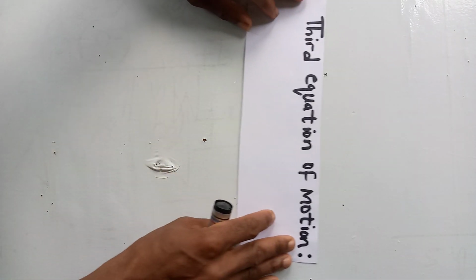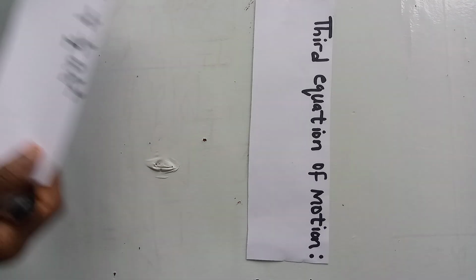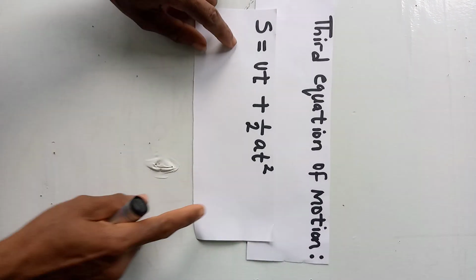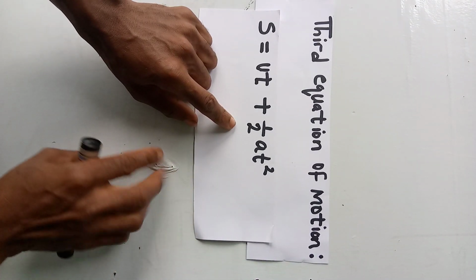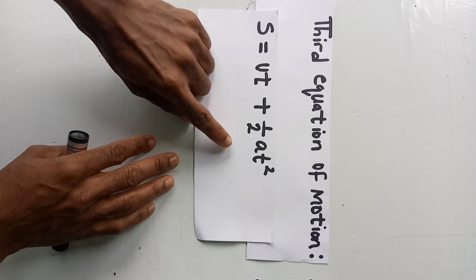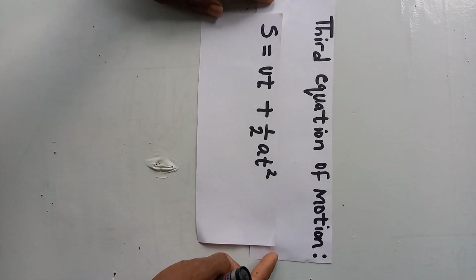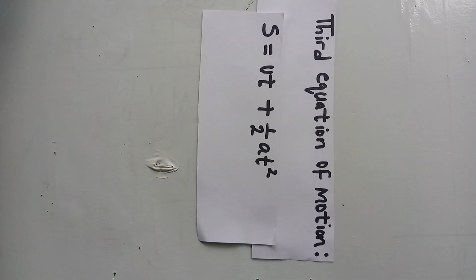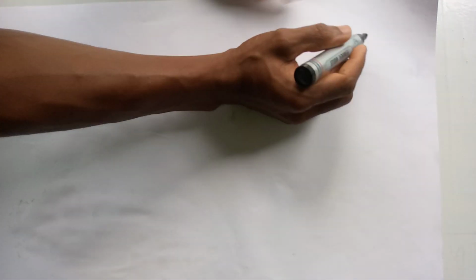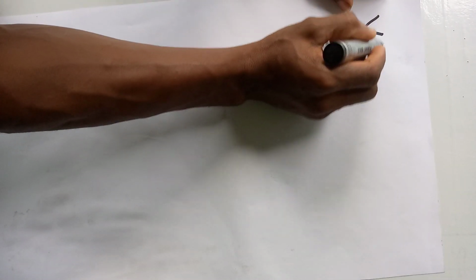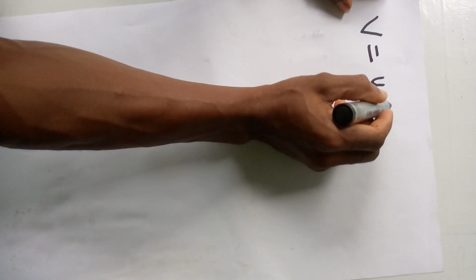Now let's quickly look at the third equation of motion. Now the third equation of motion is given by S equal to UT plus 1 over 2 AT squared. Okay, how do we derive this now? Let's check it out. Now, from the first equation, we know that V is equal to U plus AT.